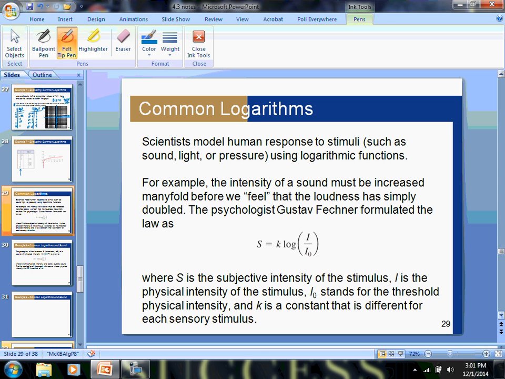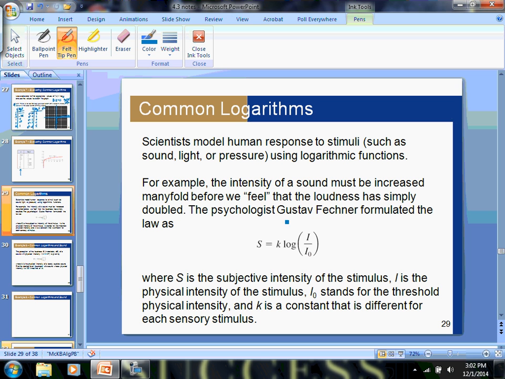Now, logarithms do have applications, okay? And this application talks about how scientists can model human responses to stimuli using logarithmic functions. And there's an equation here for the intensity of sound. So the intensity of sound must be increased many-fold before we actually feel the loudness.